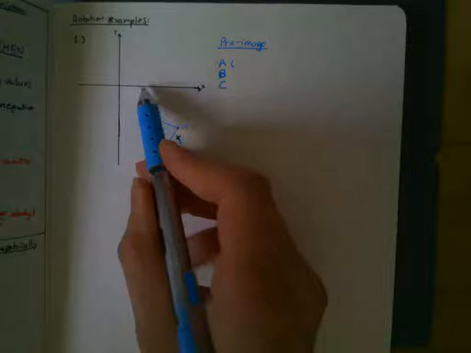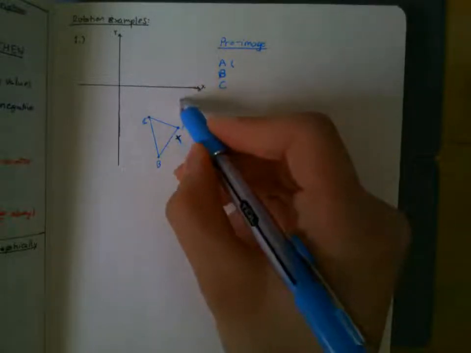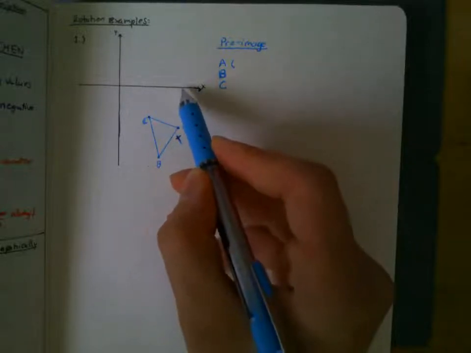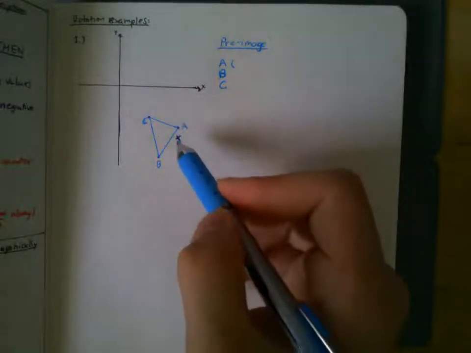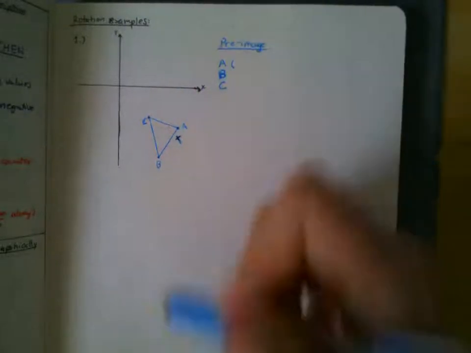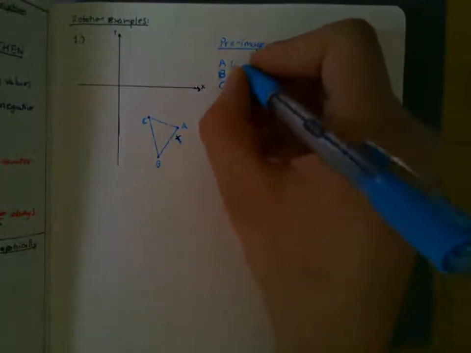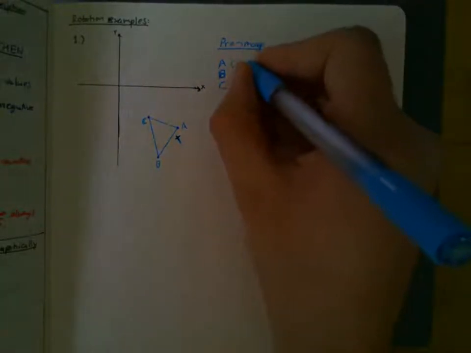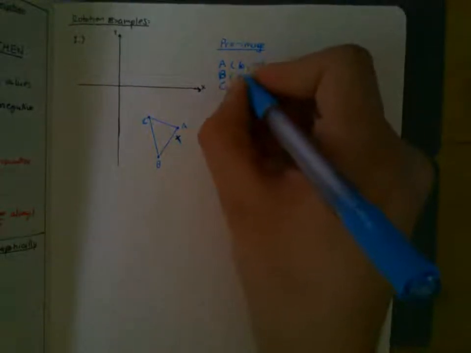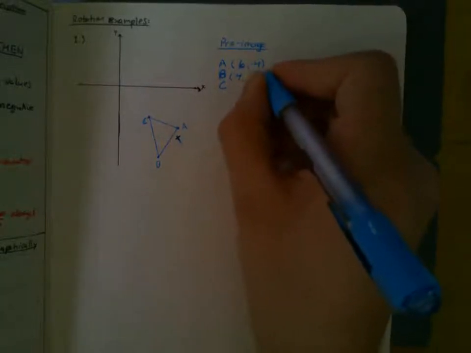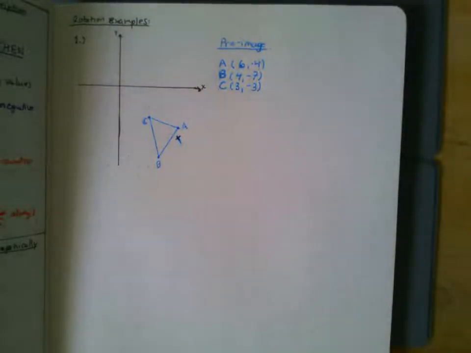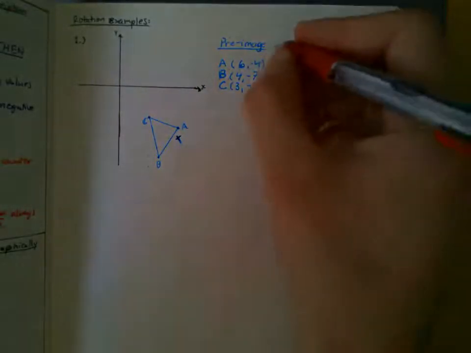Sorry, did I mess up on the A? 1, 2, 3, 4, 5. 1, 2, 3, 4. 6, my bad. 1, 2, 3, 4. So I royally messed up because I won't have enough space upstairs. Well, it'll be a little off the graph. Oh well. So A is 6, 4. B is 4, negative 7. And C is 3, negative 3. Okay? And let's say I want to get the image.